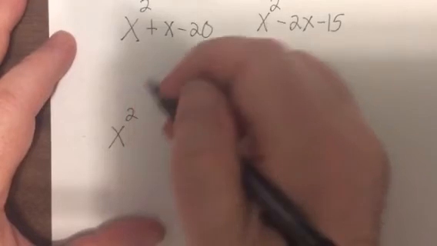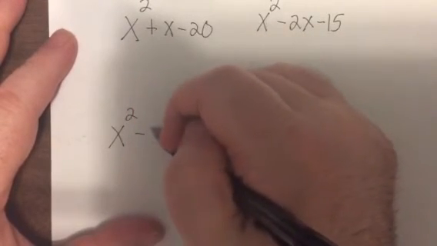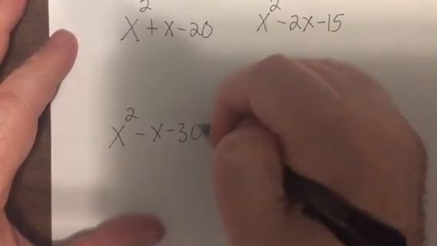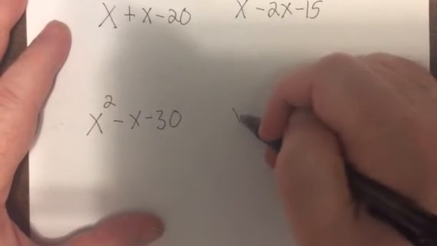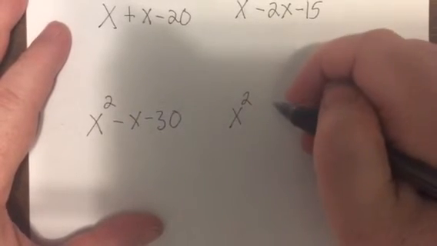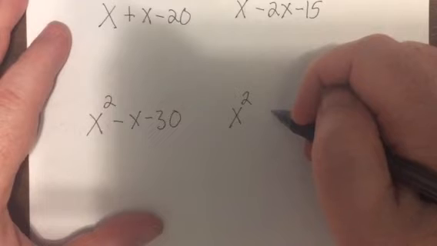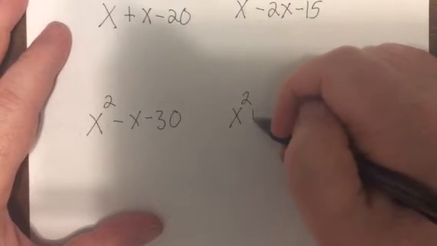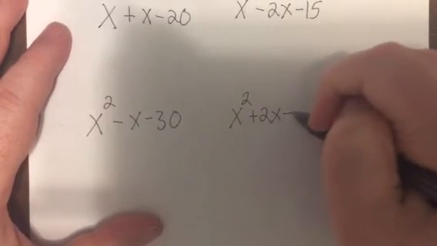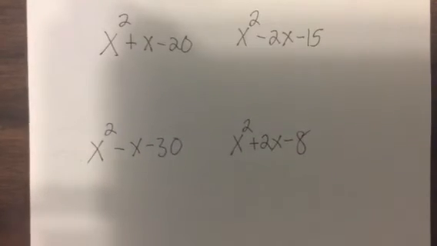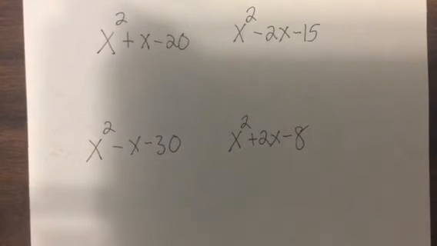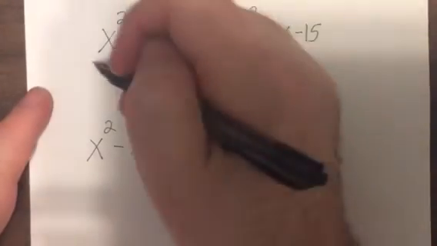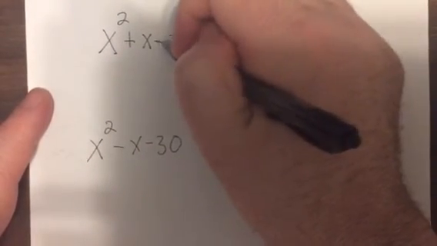X squared minus x minus 30. And x squared plus 2x minus 8. So turn off the video, do these 4, and then turn it back on, see if you're right. Okay. So that's supposed to be a minus, by the way.